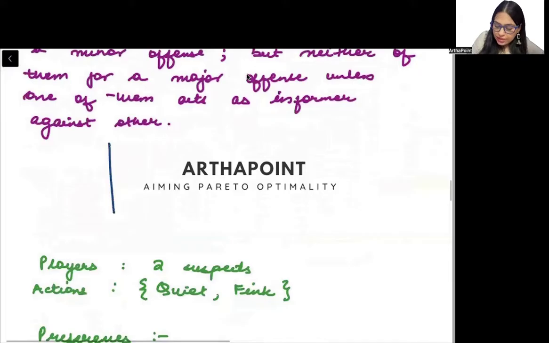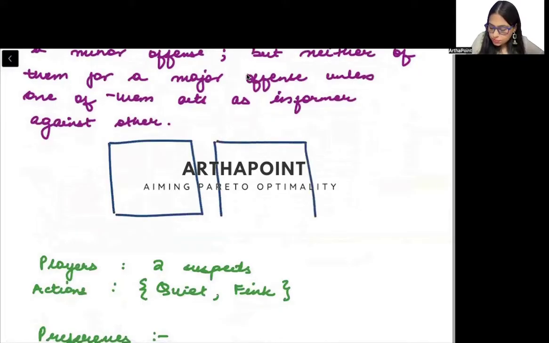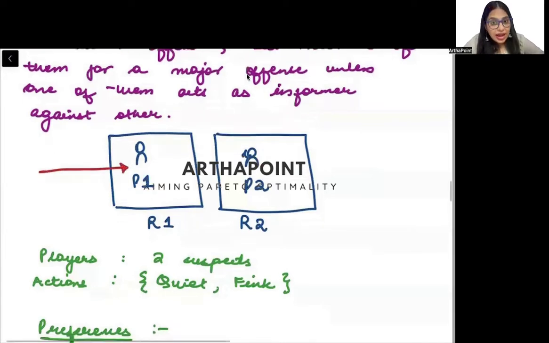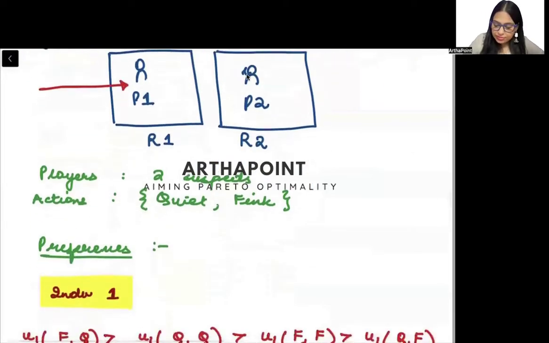What I will do is I will put these prisoners in two separate rooms. Room 1, room 2. Prisoner 1, prisoner 2. Okay. And I will ask them separately. And I am bribing prisoner 1. What am I saying?